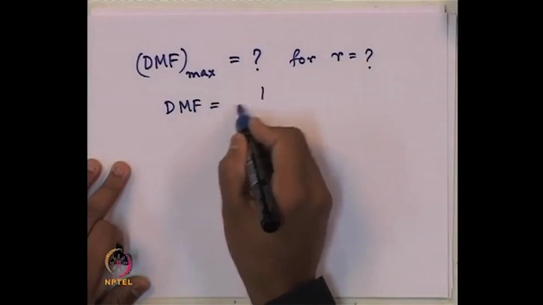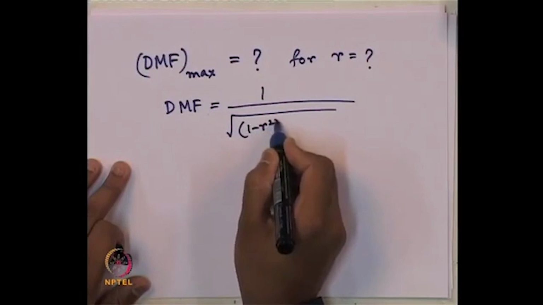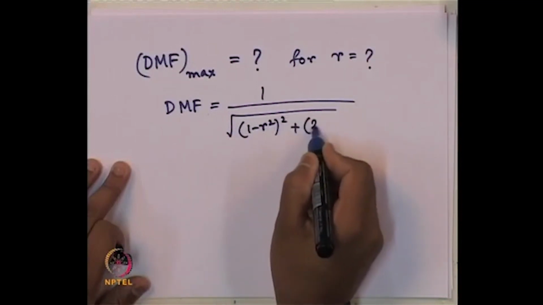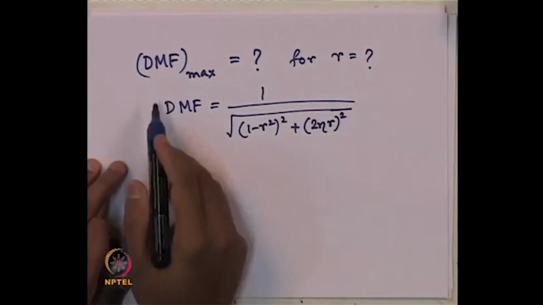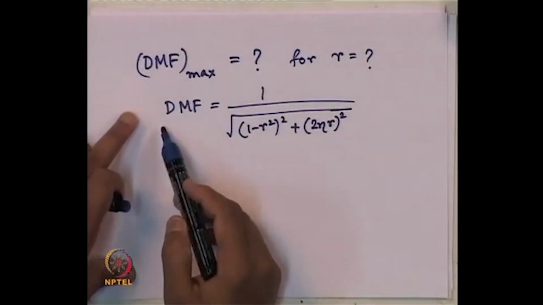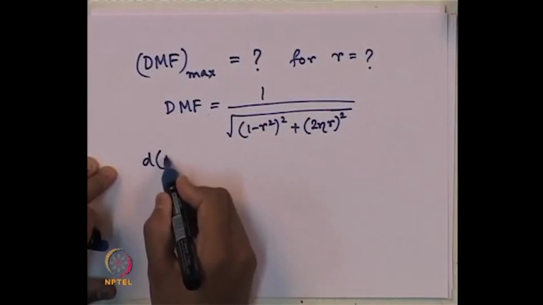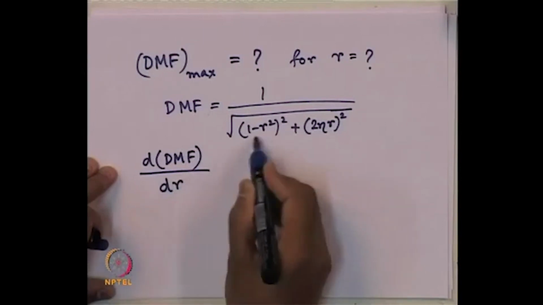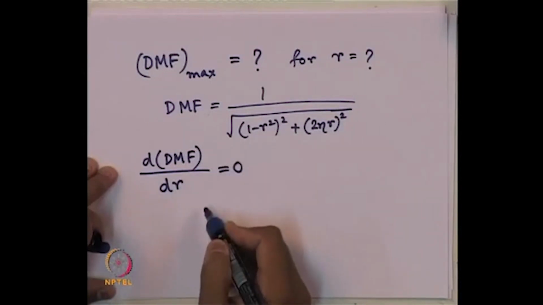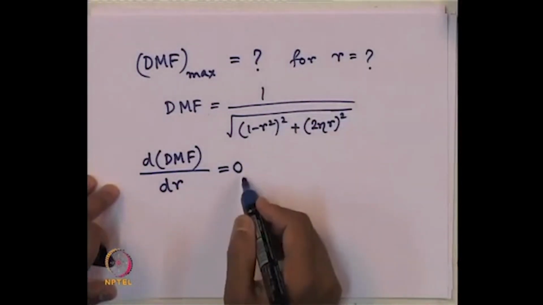The expression is 1 by root over (1 minus r square) whole square plus (2 eta r) whole square. To find the maximum, we need to differentiate it with respect to r and equate it to 0. Let us do that operation.